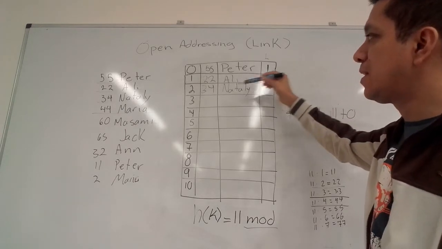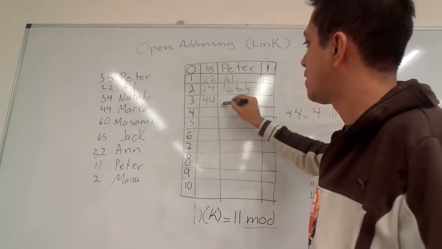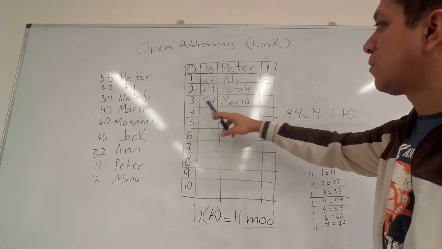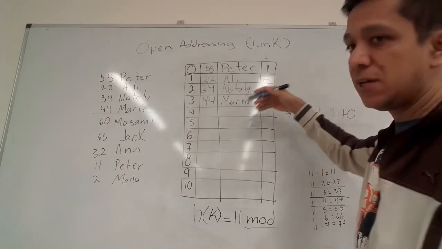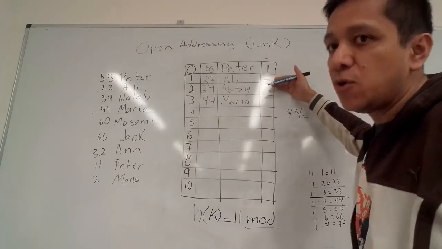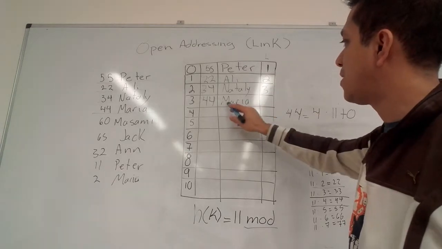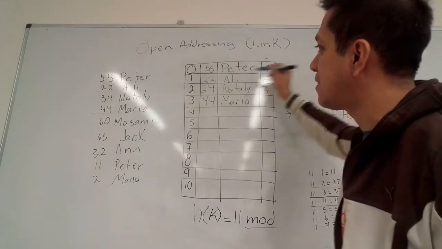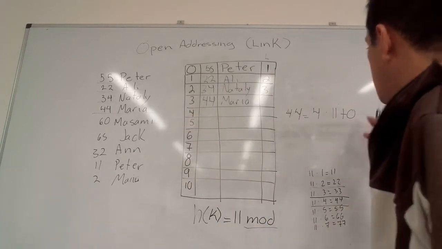Maria is going to be in the next place available. Now we will place the linking part in this section, because there is some room space. We can link Maria in this place, because the other place is already linked by Ali. We cannot link this section.